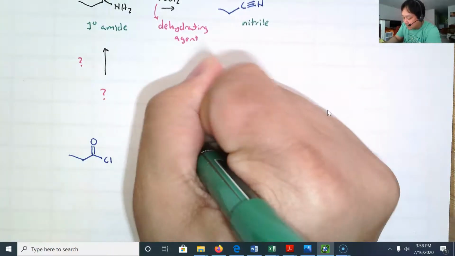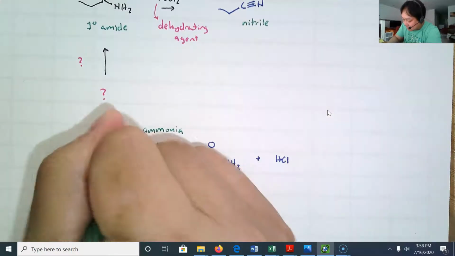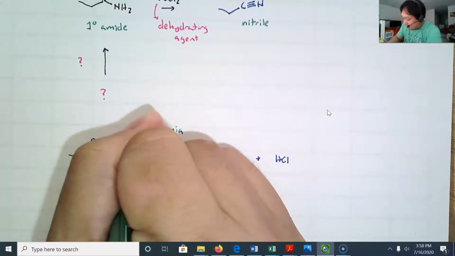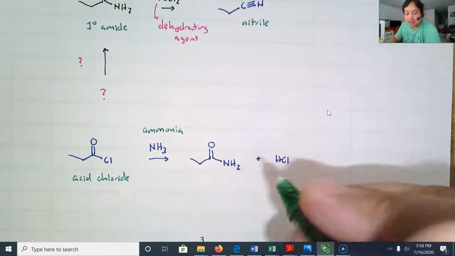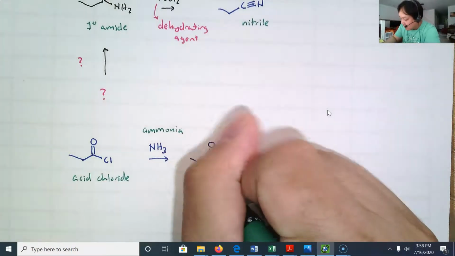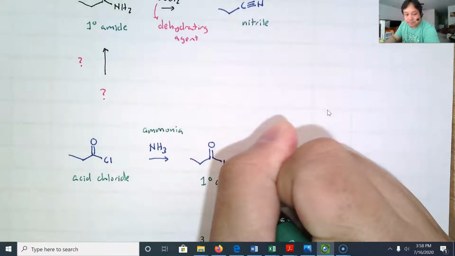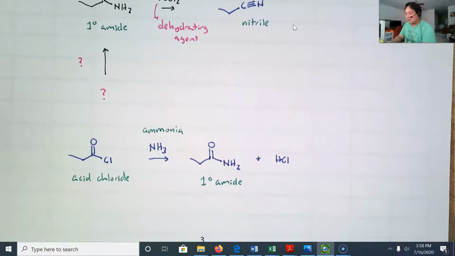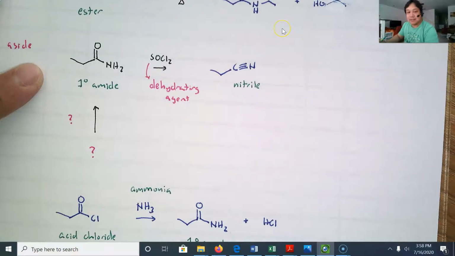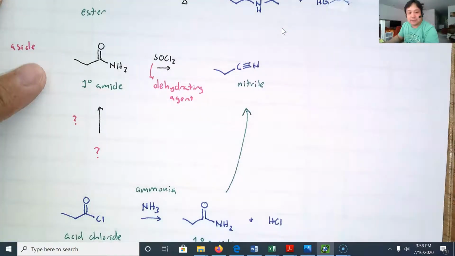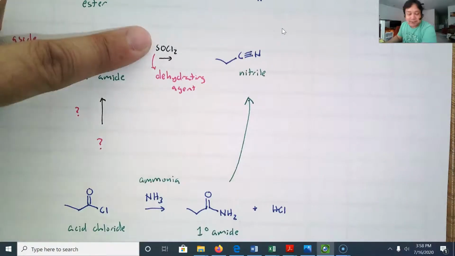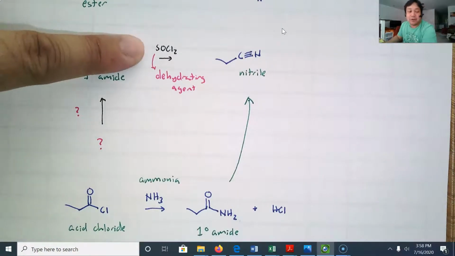You're reacting acid chloride plus ammonia to give what? An amide, but in particular, a primary amide. Okay, and then from that primary amide, yes, you could go to the nitrile using, it's strange, but you're using thionyl chloride.